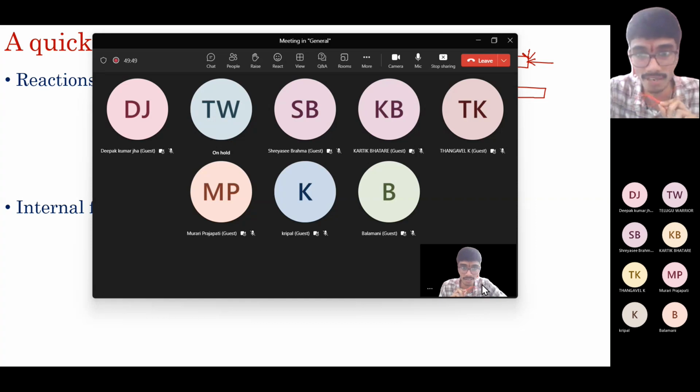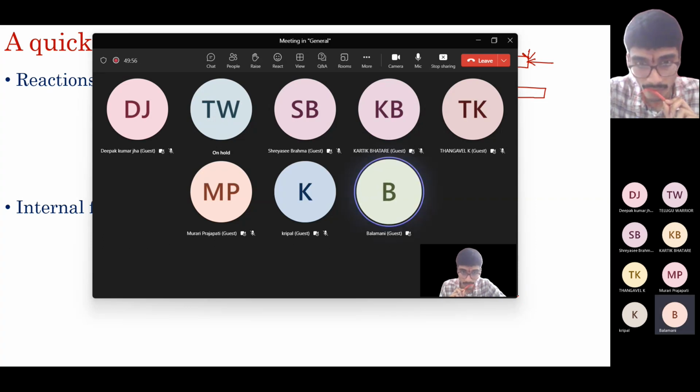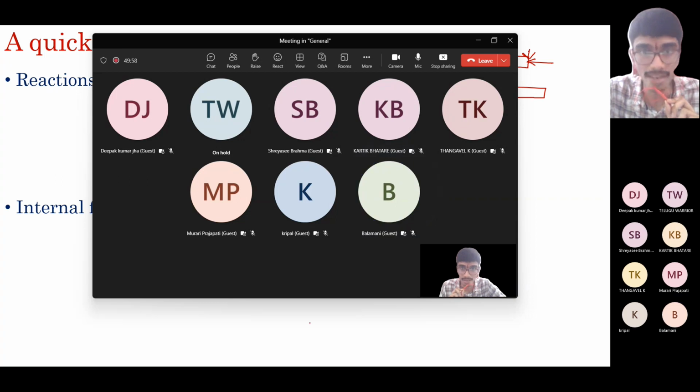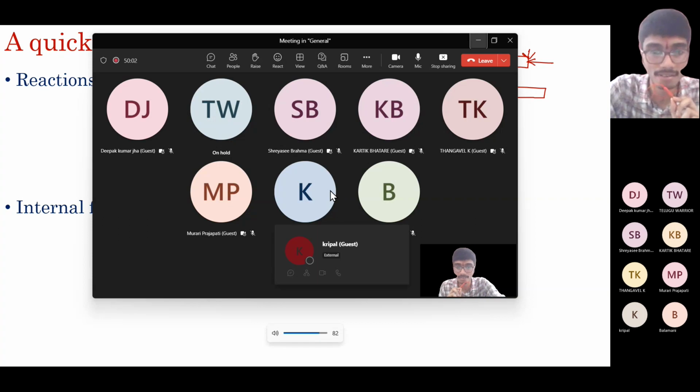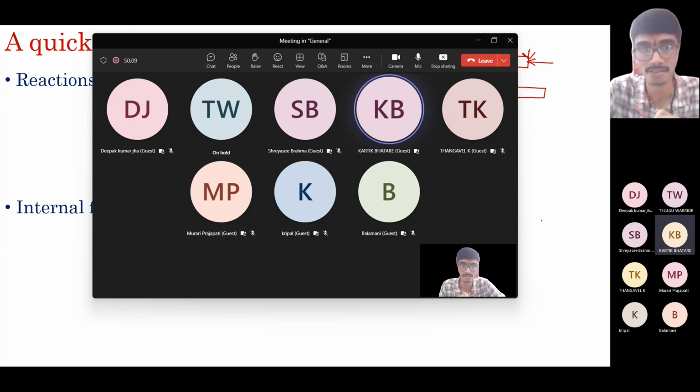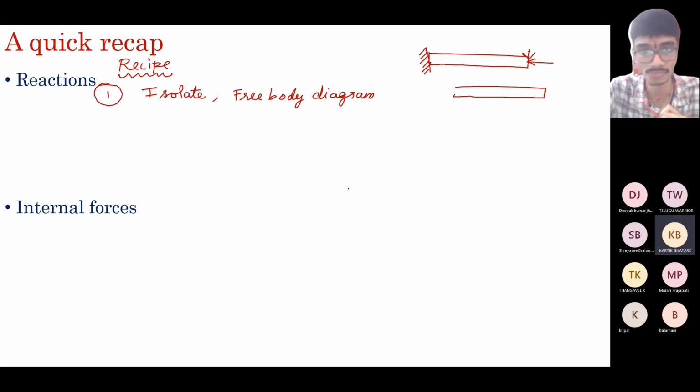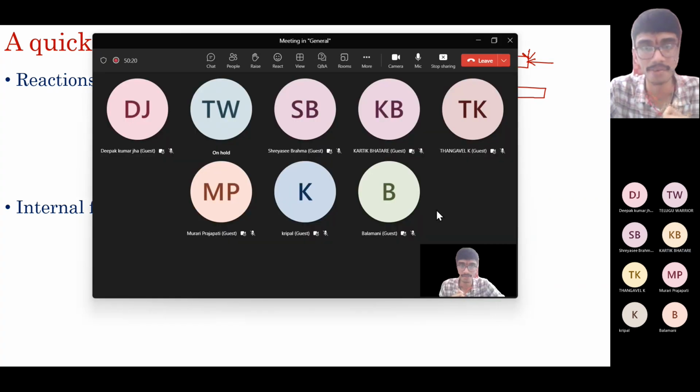The screen is blank. Are the others facing the same issue? Visible on laptop, and visible on mobile also, sir. Oh, okay.